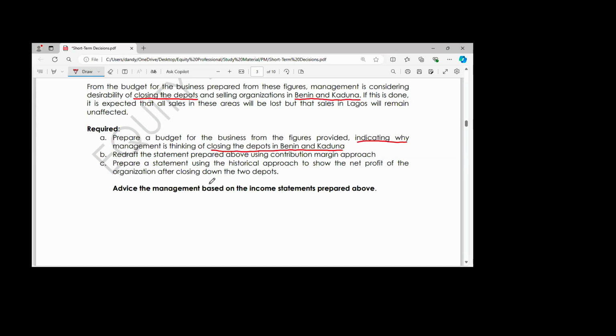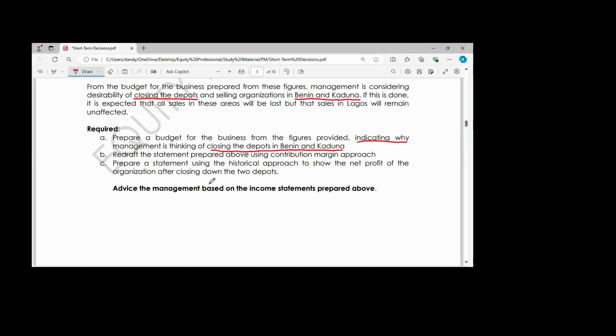So that is the question. In requirement A, you have to prepare a budget for the business from the figures provided, indicating why management is thinking of closing the depots in Benin and Kaduna. Based on my previous explanation, you can see in these requirements that we are told management is thinking of closing down the depots in Benin and Kaduna.